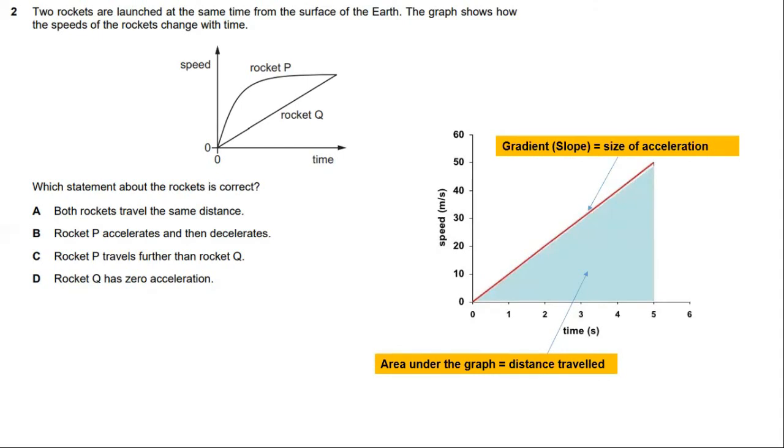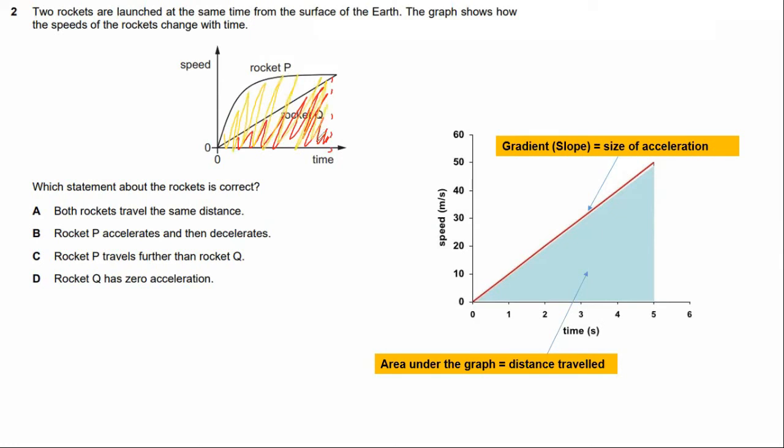Area under curve for rocket Q is less than the area under curve for rocket P. I can show this by shading out the areas under each graph. So if I shade the area under rocket Q with red color, which is a red triangle, and I would shade the area under rocket P with yellow color.